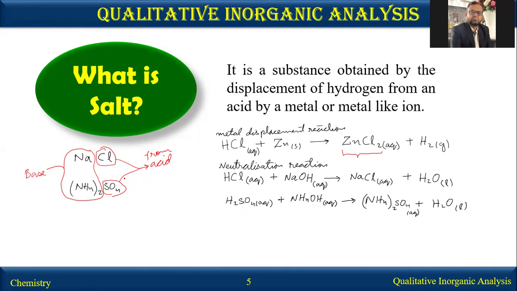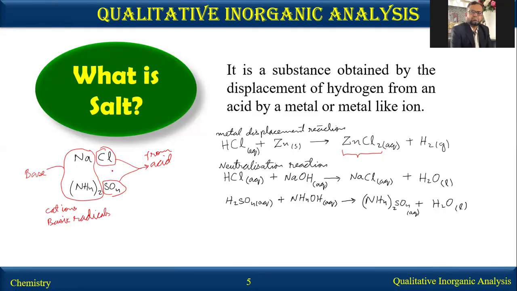So positive ions are either known as cations or the basic radicals. These two terms can be used for positive ions.